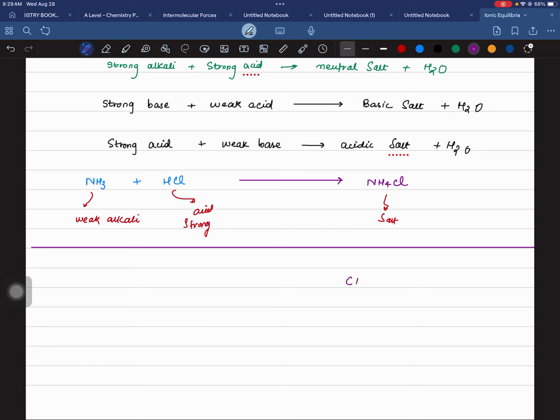And what if I want to make this? Can you tell me what type of salt this is?